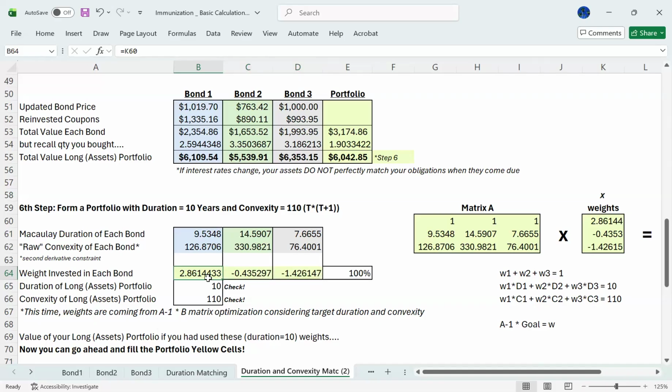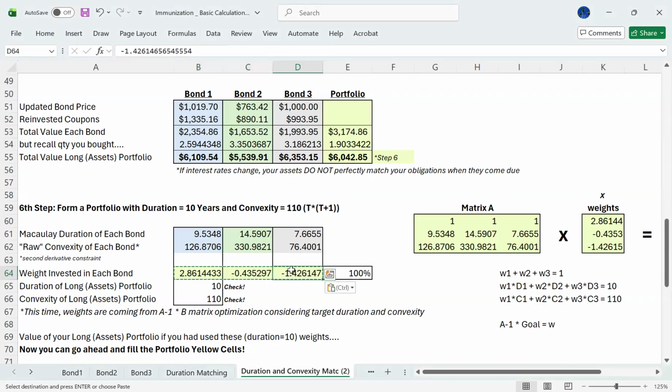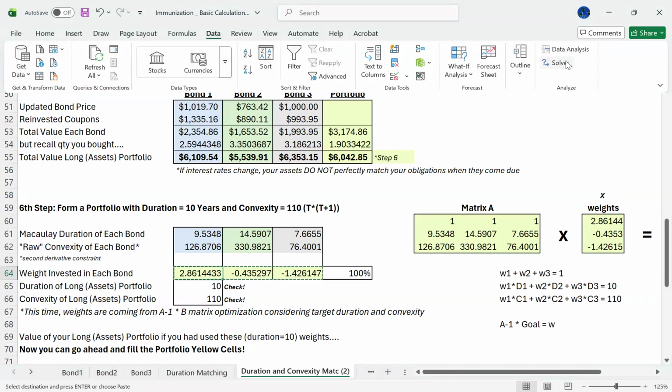Now let's just do a little experiment and see how things change if I instead just maximize convexity. So I'm going to copy these values and paste the values only. Now these are initial seeds and I can run Solver.